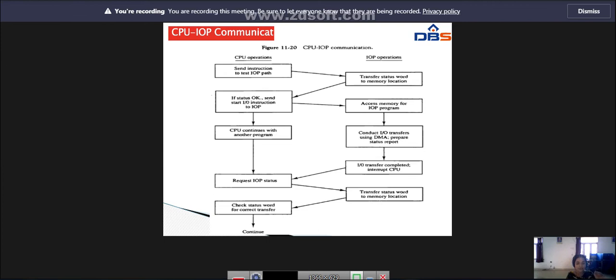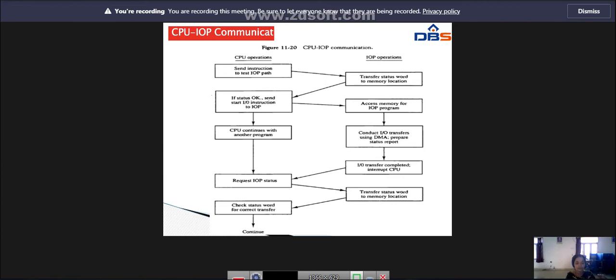So the CPU can now continue with another program while the IOP is busy with input output programs. When the IOP terminates the execution of its program, it sends an interrupt request to the CPU.